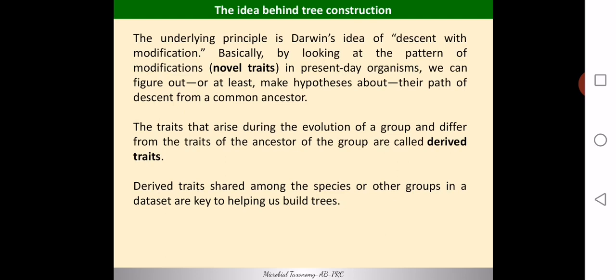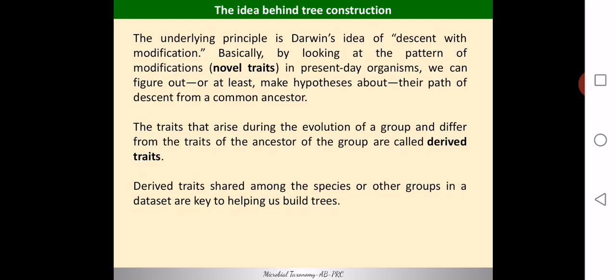So evolution occurred by modification of an existing trait, and because of that, we can look at the modification. There was a character in the ancestor, and that character has been modified in the first descendant, and in the second descendant there is a little more modification, and in the third descendant there is a little more modification.